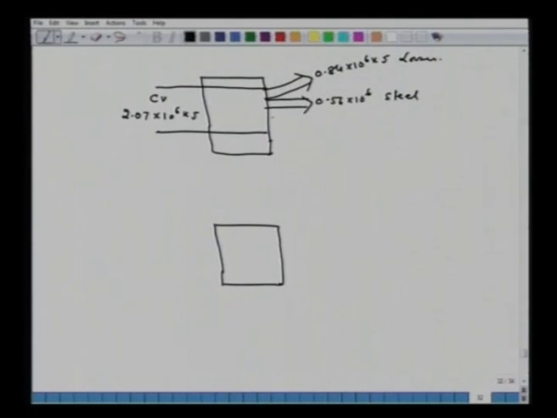And now, what we are doing is that we are taking this heat to a heat exchanger, and this amount of heat is 1.35 into 10 to the power 6 kilojoule. This is our heat exchanger.